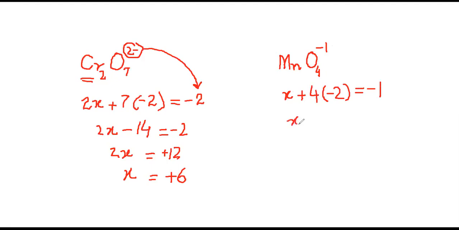So X minus 8 is equal to minus 1. X is equal to minus 1 plus 8, which is equal to plus 7. So the oxidation number of manganese in the permanganate ion is plus 7.